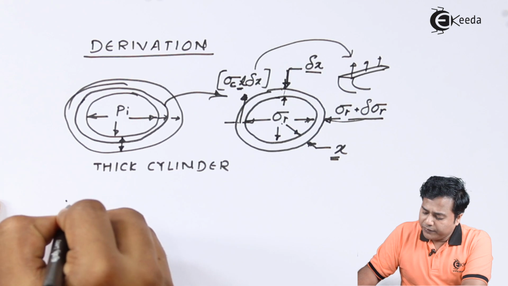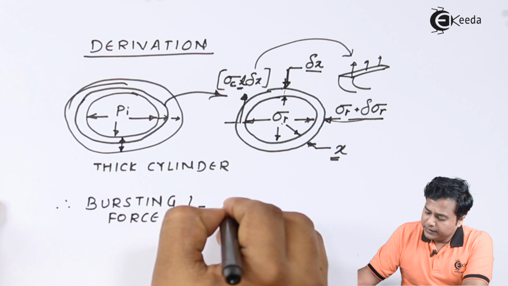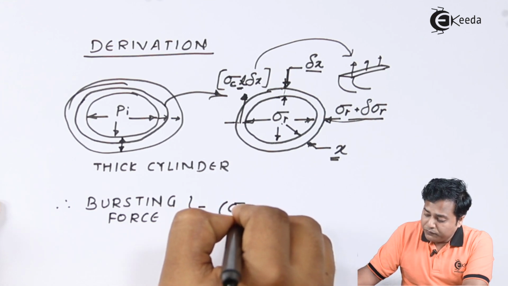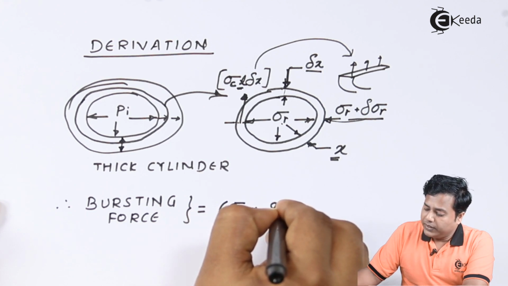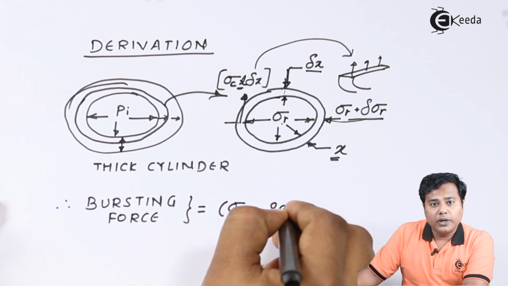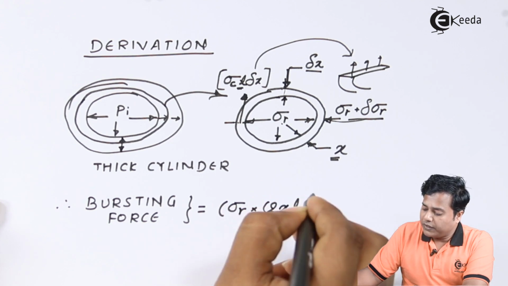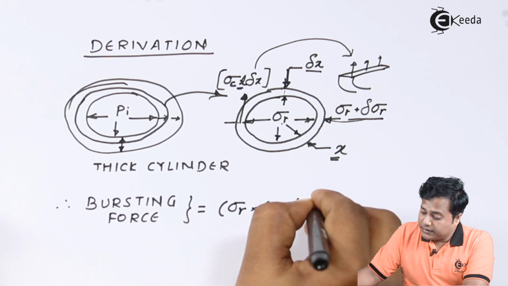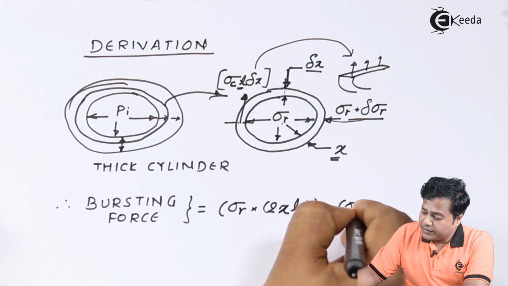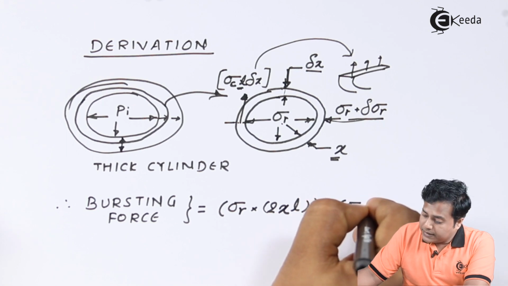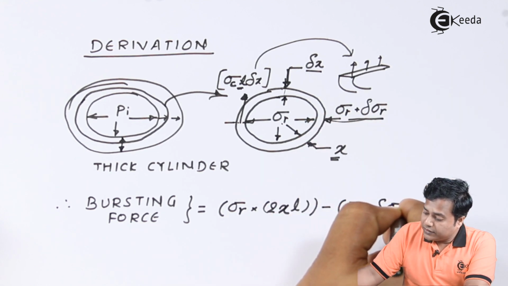So the bursting force will be given by the radial stress into twice the radius into L. If you remember, this is the circumference, or the length of the circumference, minus the radial stress plus the delta, the outer one of course, delta radial stress.